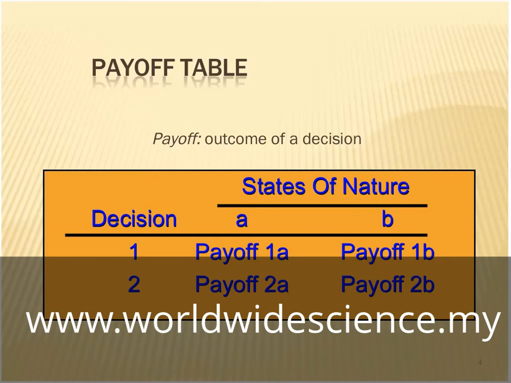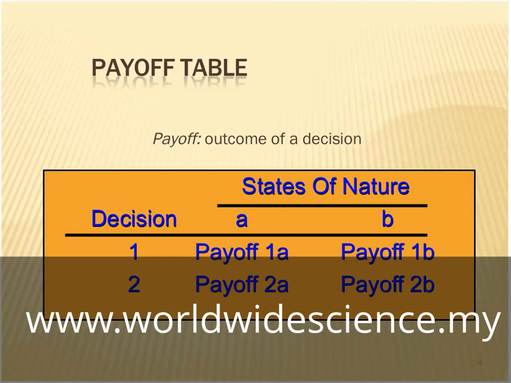For each of these, you as an operation manager must guess a payoff. Payoff is result. For example, in decision 1, in option 1, if you consider the state of nature A, for example if the demand is low for the product, the payoff is here. Payoff here means the profit that is calculated in dollars or Afghanis or riyals, in your currency. Payoff means result, and result here is the profit.